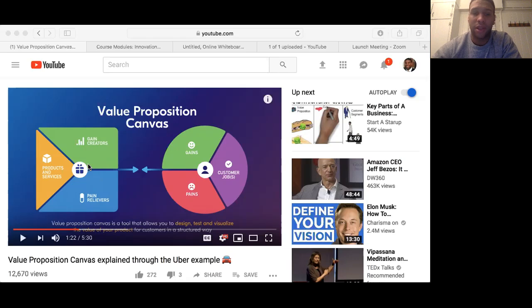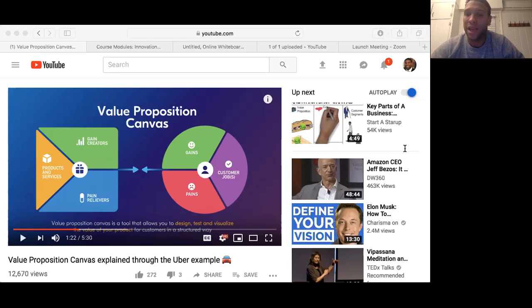And then on the other side of it, you have this value map, which is the pain relievers that your company is providing, the gain creators, as well as the products and services. So the objective of the value proposition canvas is to make sure that there's alignment with what the customer is seeking and what product or service you're providing.